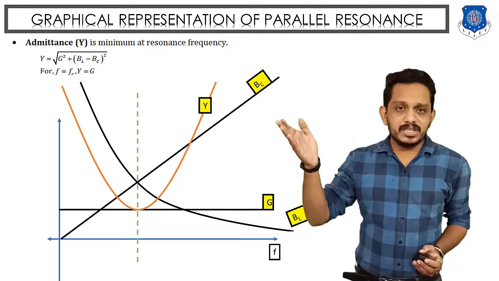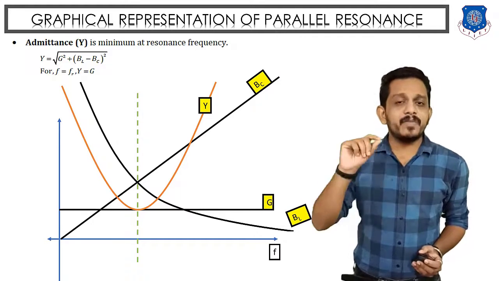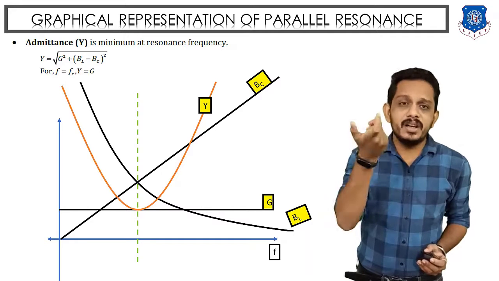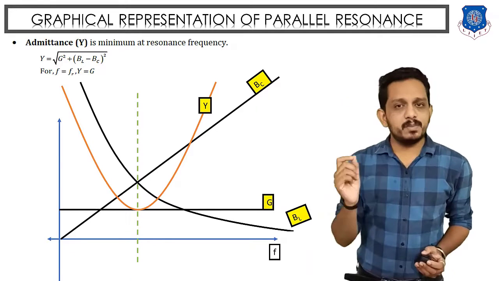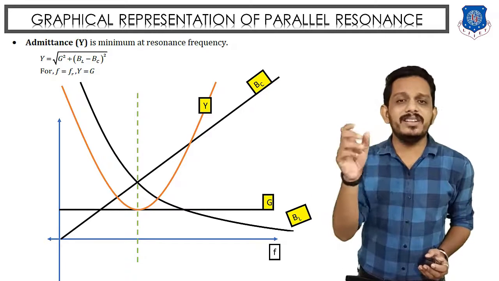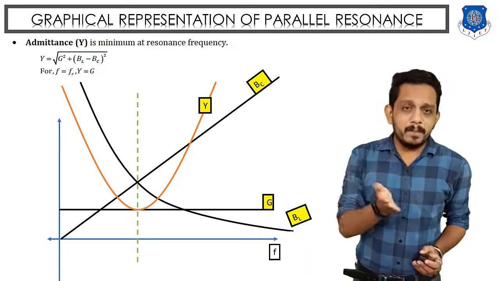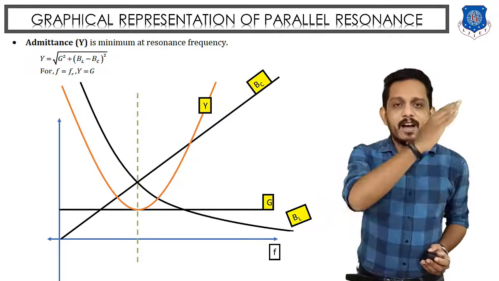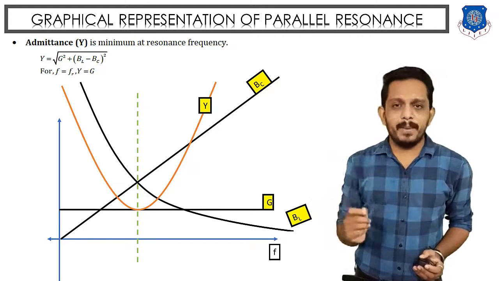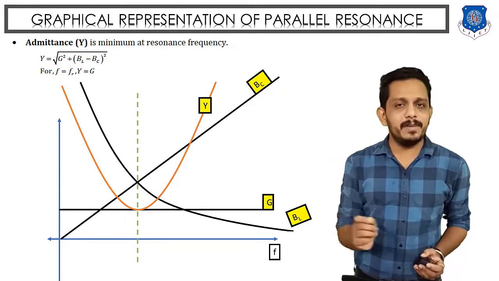So the graph of admittance will touch the conductance line G at the point where the two susceptances have the same value, that is BC equals BL. And again, as BC increases and BL decreases, the graph of admittance will increase again. So we can say that the graph of impedance in a series circuit and the graph of admittance in a parallel circuit have the same manner.